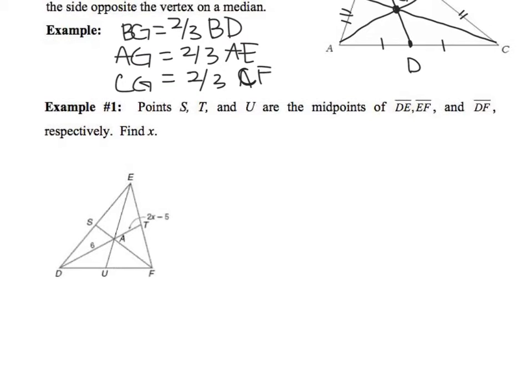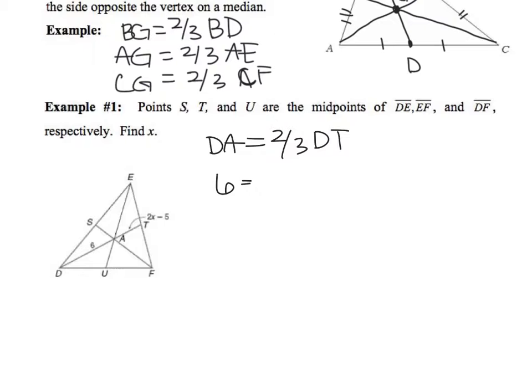So we know DA equals 2/3 the length of our median DT. So we can use this to find the length of the median, since we know the length of DA, to help us solve for X.